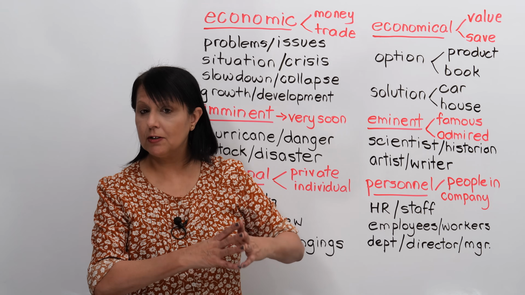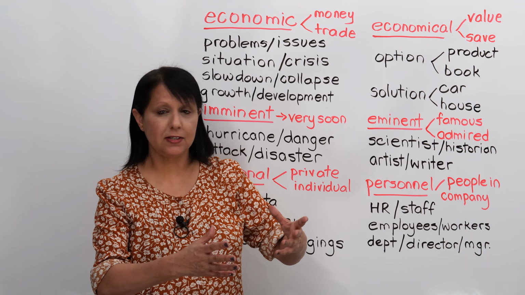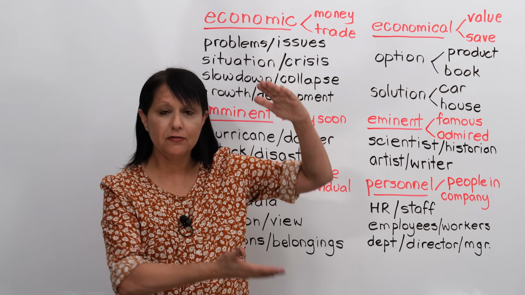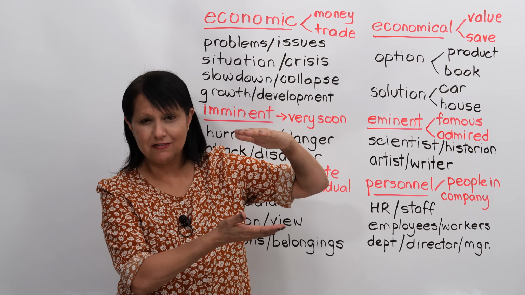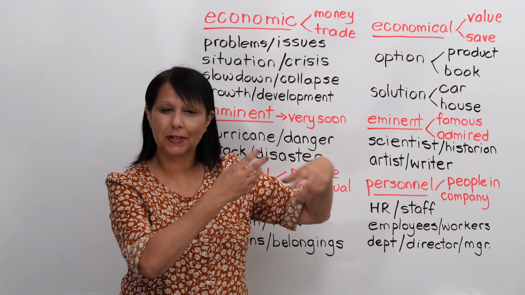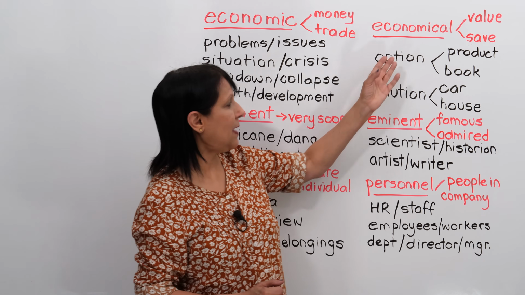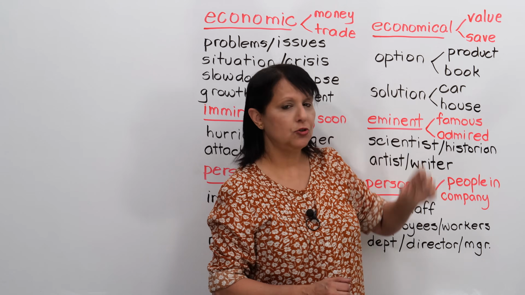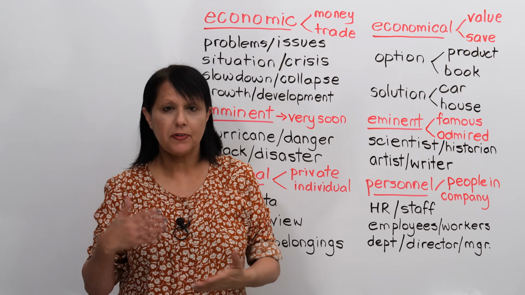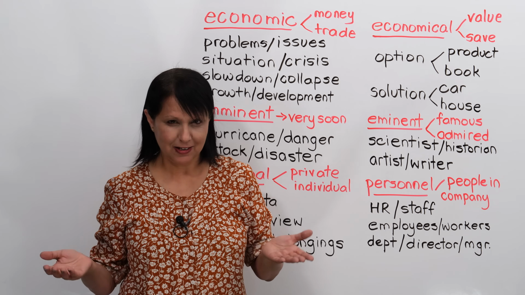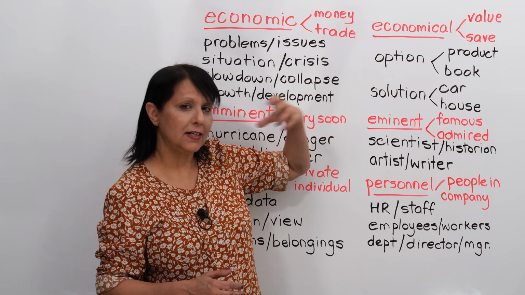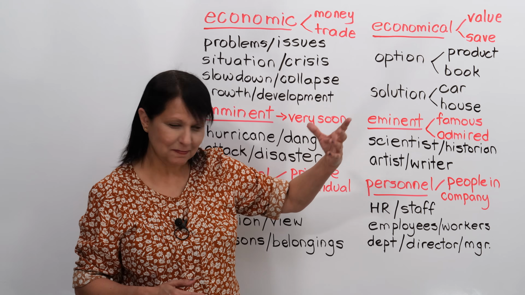It's a more economical option to buy, for example, the larger size cereal than the smaller box of cereal, okay? Because usually it's a little bit cheaper overall, right? Or it might be a more economical option to buy a used book rather than a new book sometimes, all right? So that's the idea of economical.